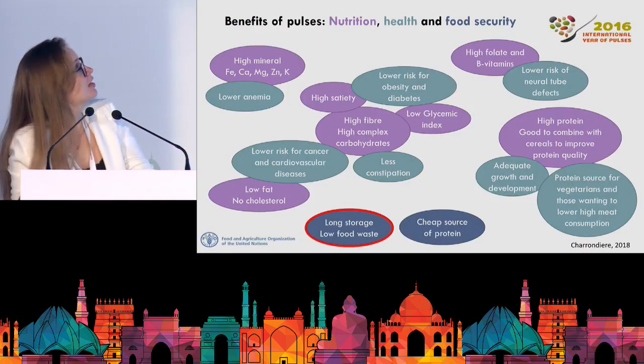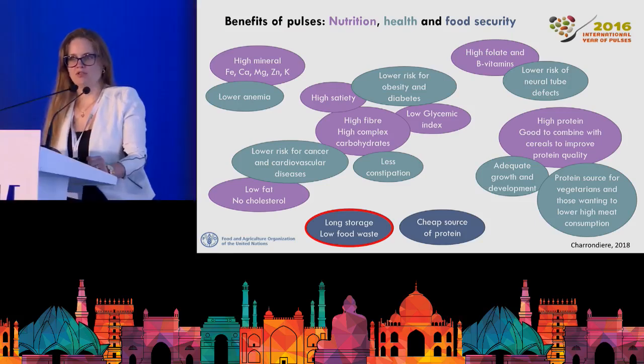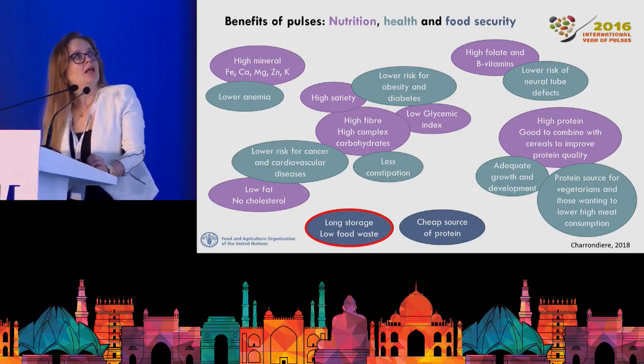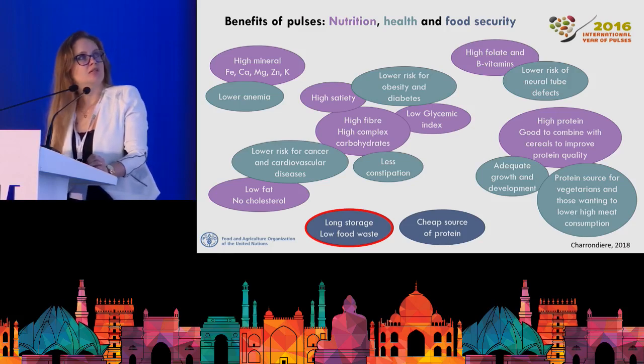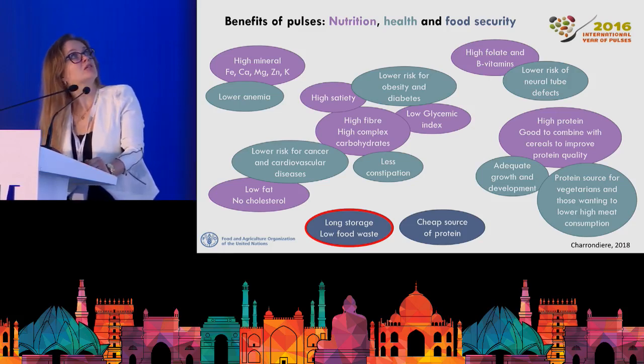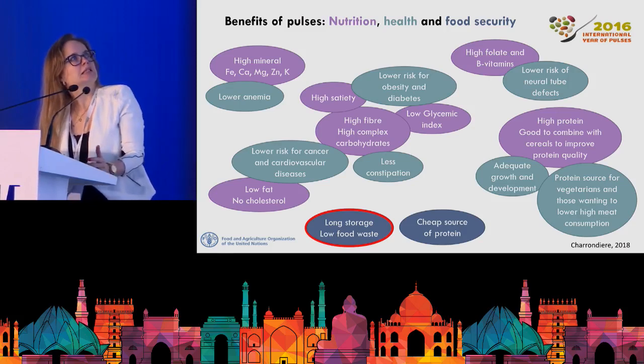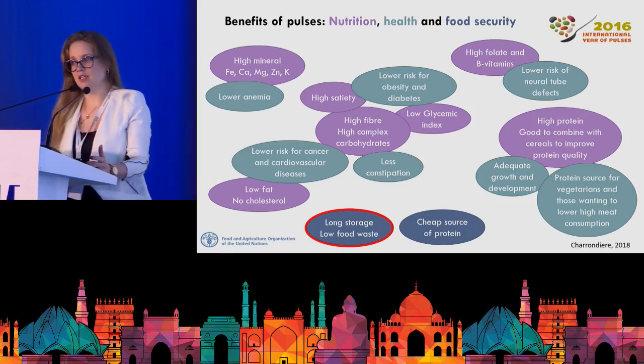Here, just to give an example about the importance of food composition data, in 2016 FAO declared the International Year of Pulses, and the purpose of the year was to promote the consumption and also production of pulses. They collected all the benefits of pulses linked to nutrition, health, and food security.